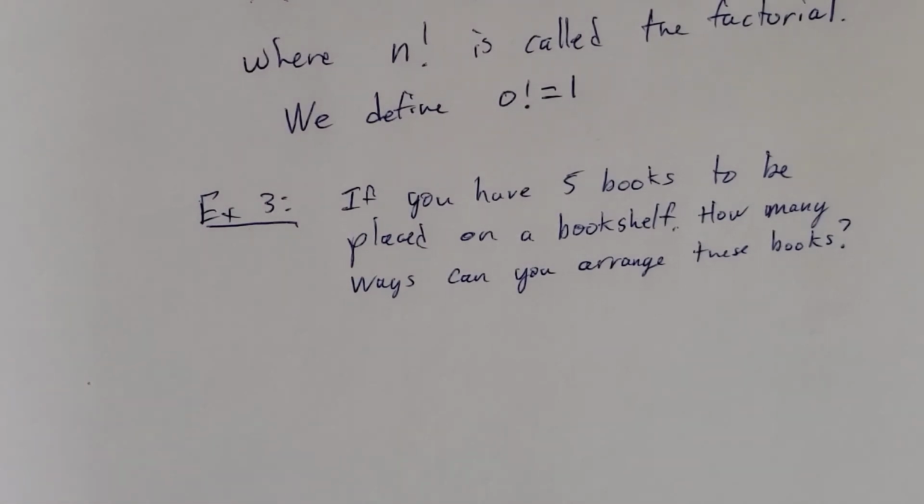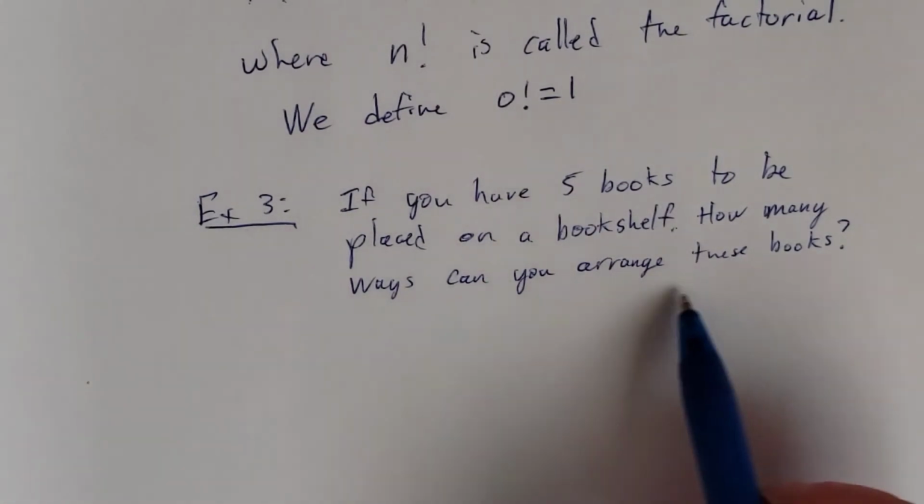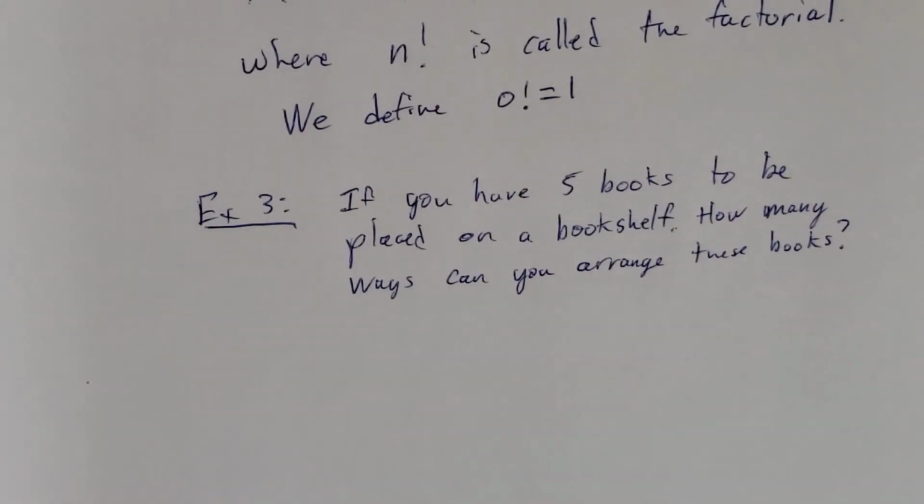Of course, we're assuming that all of these books are either stacked up on the shelf or they're all set up with their spines facing outward and all next to each other. Assuming that, how many ways can you arrange these books?